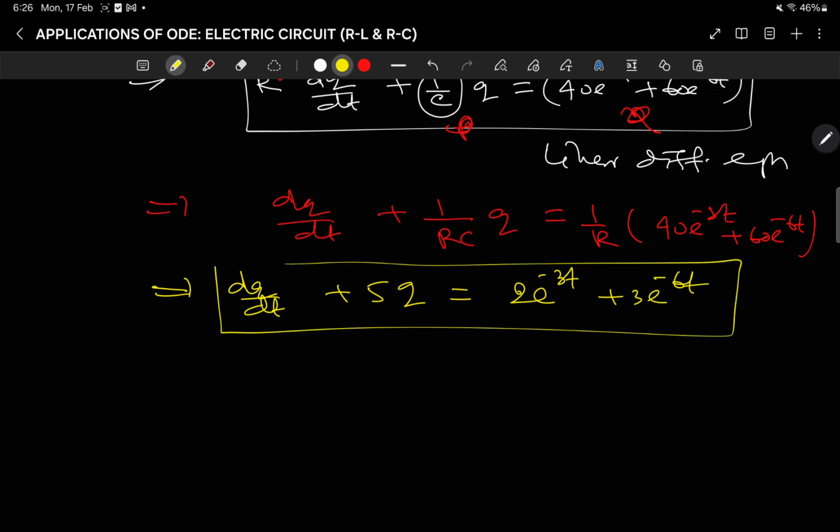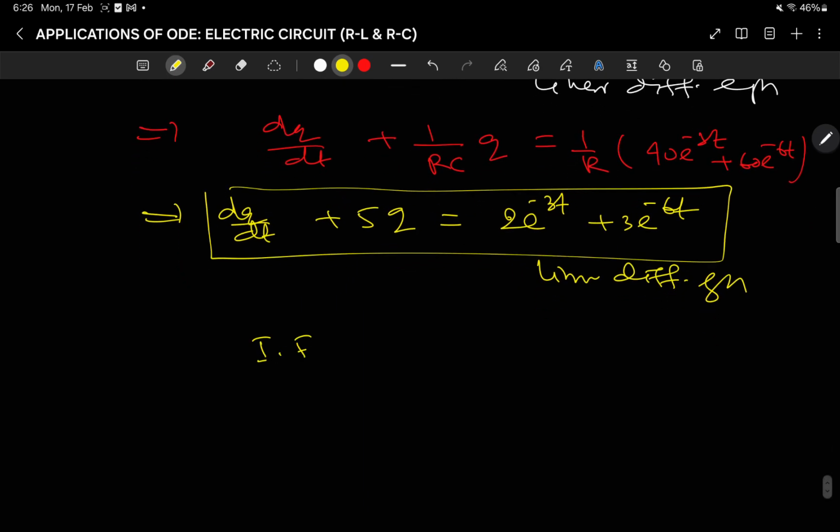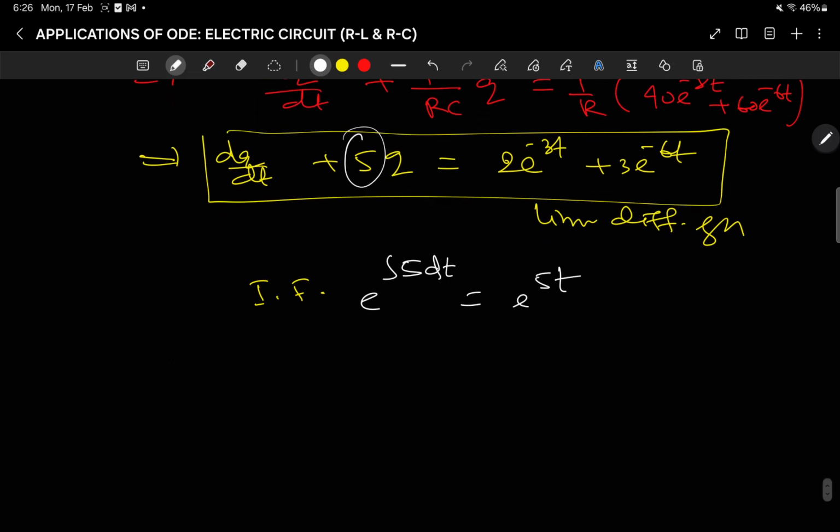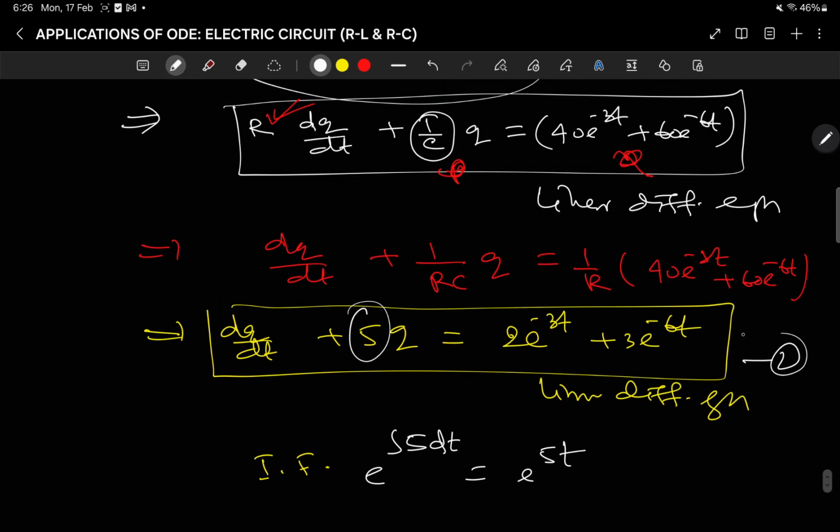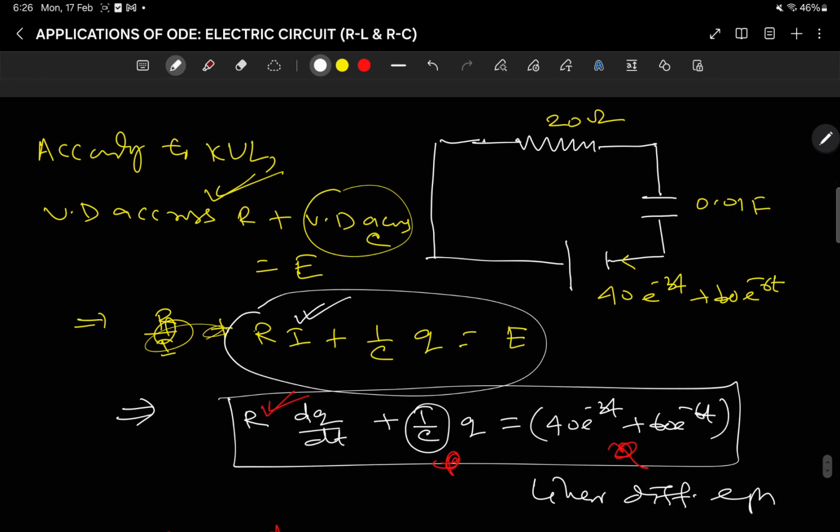Now this is a linear differential equation. So what is the integrating factor? The integrating factor is e to the power integral of P, which is 5 dt, so this is equal to e^(5t). Let the original equation be my equation 1 and this be equation 2.